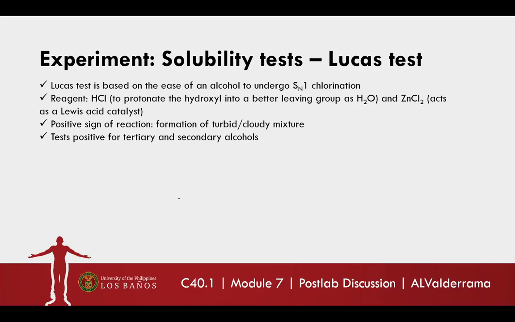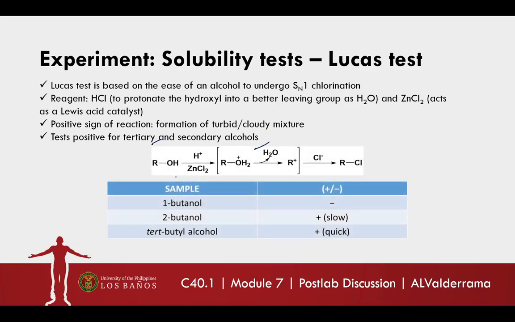And as mentioned here, the positive test is done if the sample is a tertiary or secondary alcohol. So the rate of reaction here can be observed na mabilis sa tert butyl alcohol compared kay secondary alcohol.